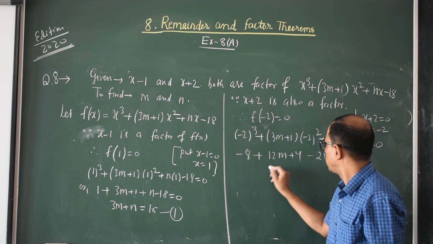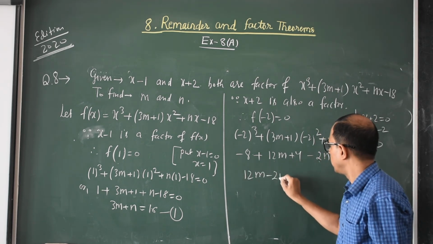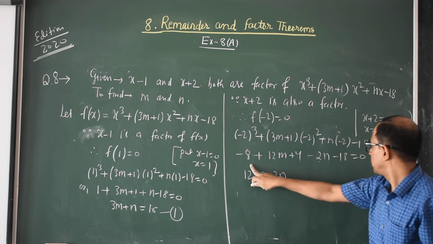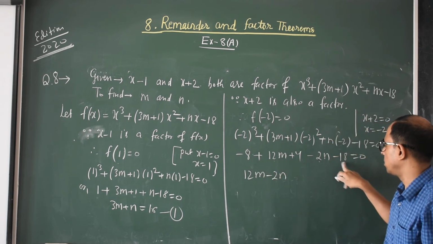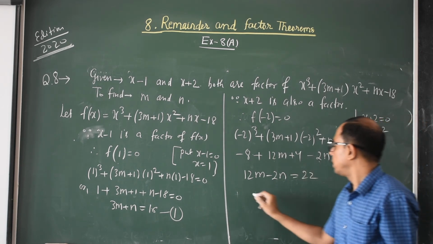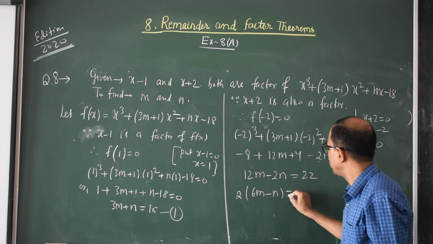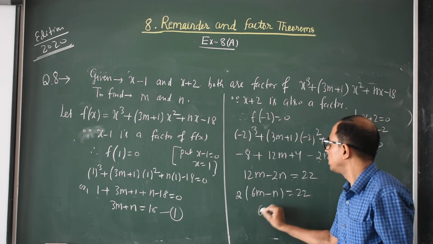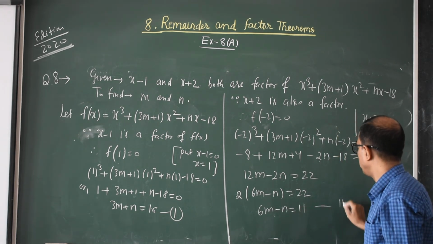Now 12m minus 2n and minus 8 plus 4 will be minus 4, minus 18, minus 22, that is 22. Now take 2 common. So 6m minus n is equal to 11. Now this is equation number 2.